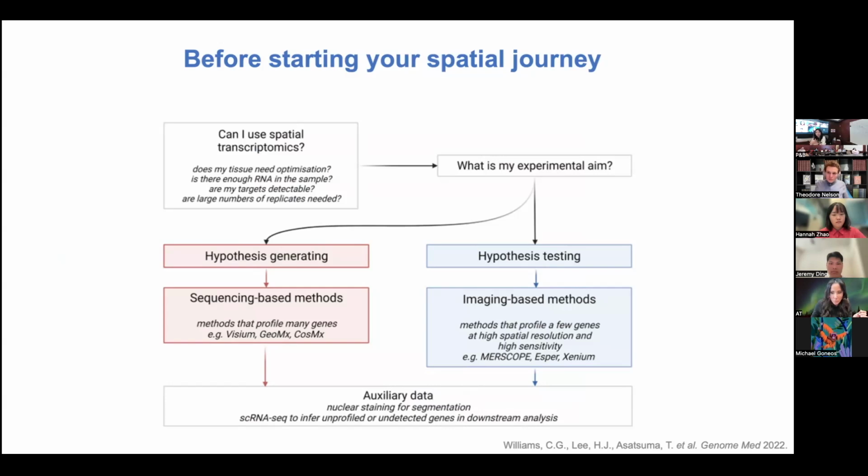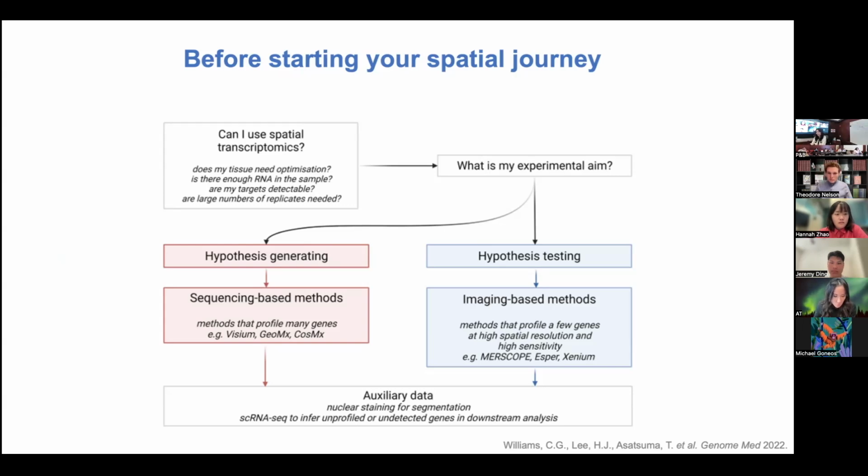In a lot of cases, it's either hypothesis generating or hypothesis testing, but it's now less about whether you want to generate or test the hypothesis, and more about whether the cell types or questions that you have can be defined within the markers or the set of biomarkers that is already in the panel, or whether you can optimize these antibodies or probes for your cell types or your question or pathways of interest.